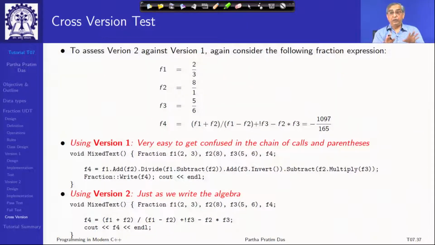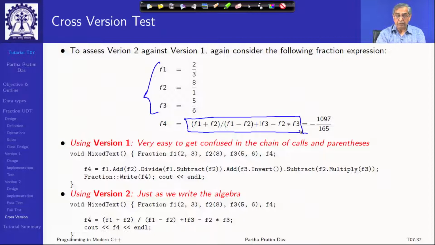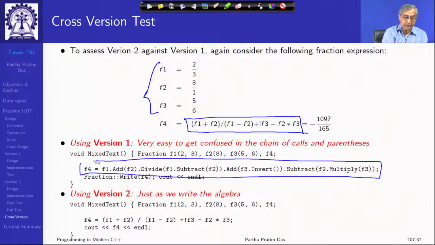Now, before we conclude, let us get back to the example we took after version 1, that what if I have 3 fractions and just an apparently not very complicated algebraic expression with these fractions, and version 1 led to such an expression.